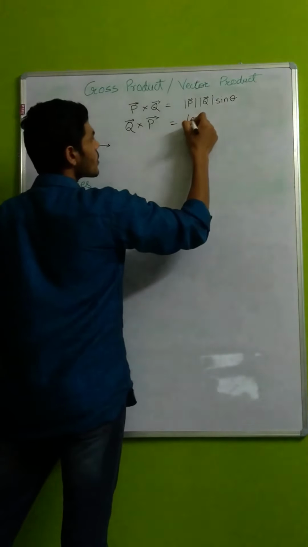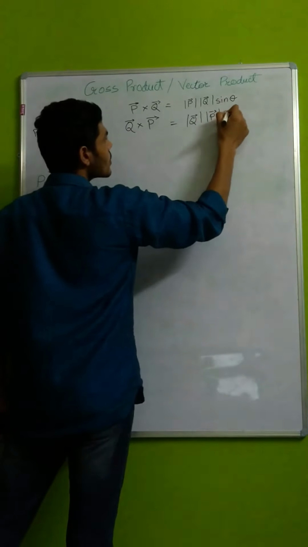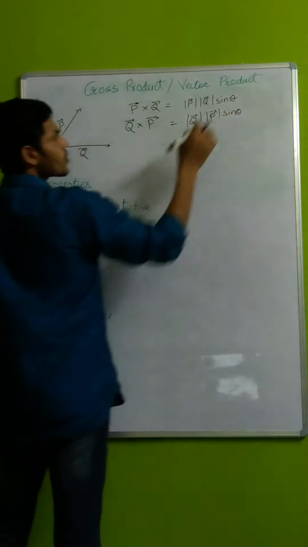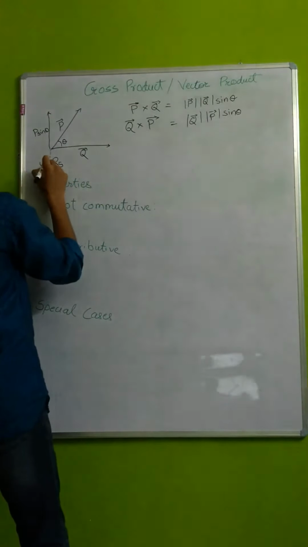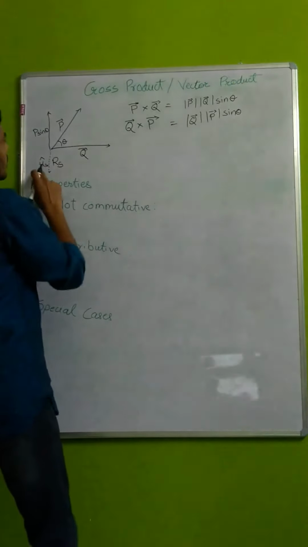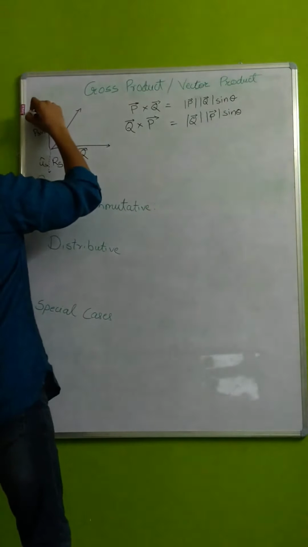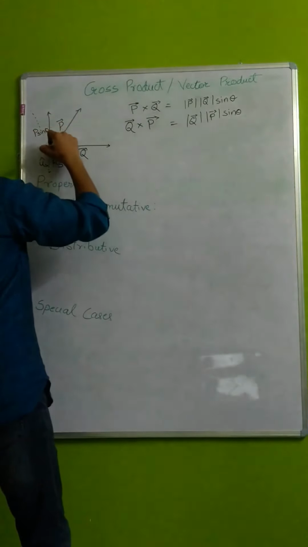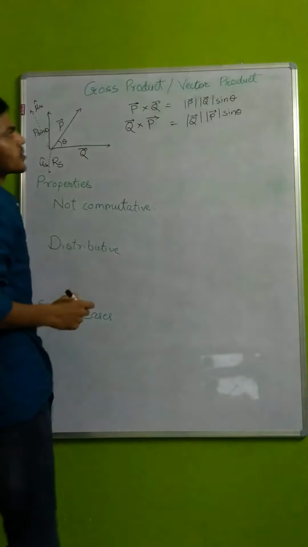This will be Q P sin theta. We'll have to use the direction. If we consider this direction as US unit vector, and this is outward direction, we'll call this as UR cap.